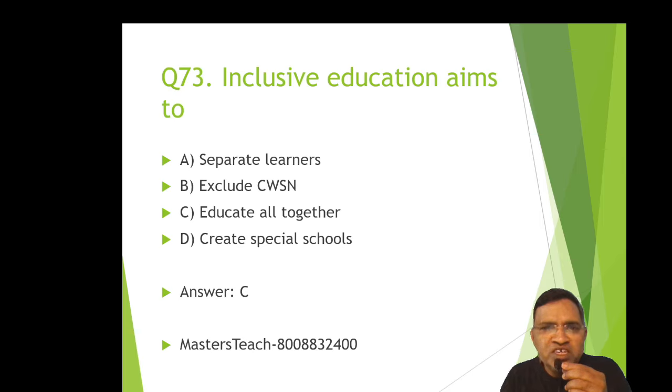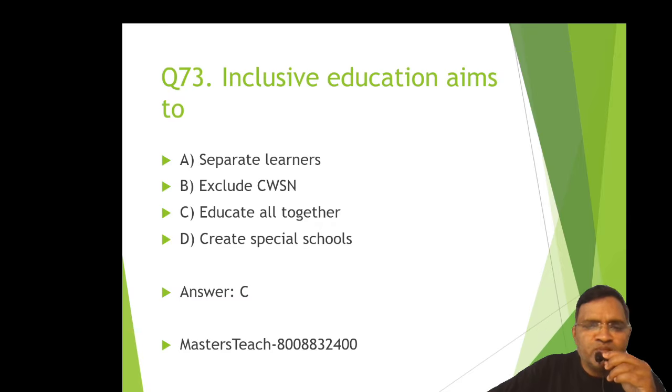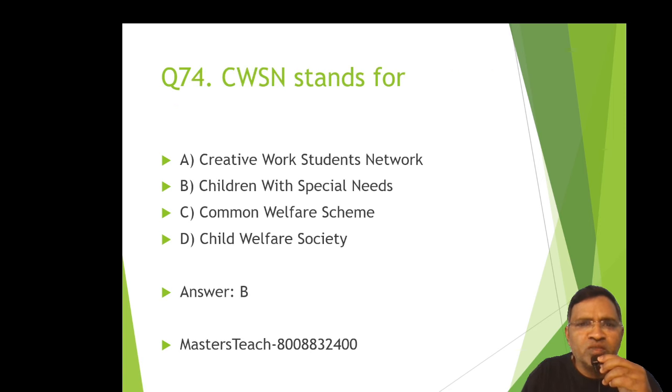73. Inclusive education aims to A. separate learners, B. exclude CWSN, the children with special needs, C. educate altogether, D. create special schools. The answer is educate altogether. What is CWSN?